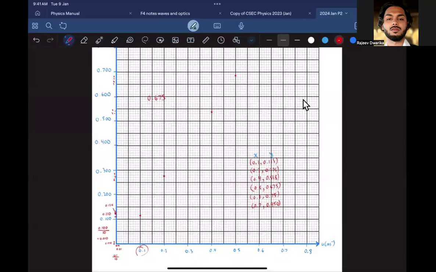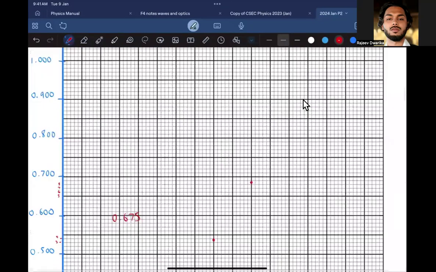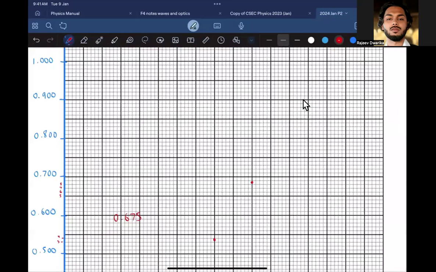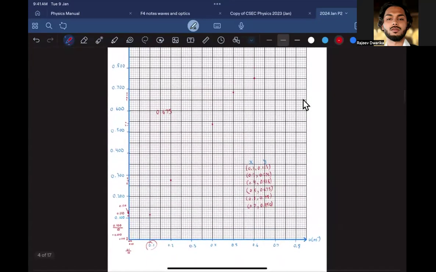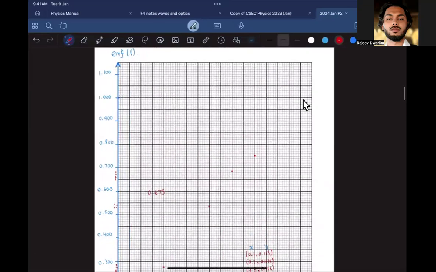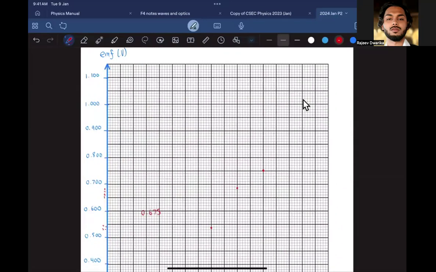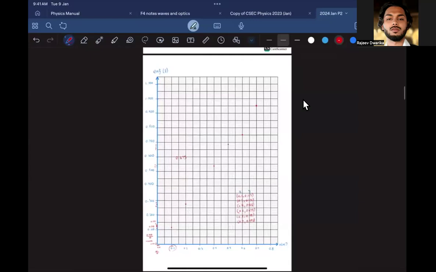So 0.6, 0.75. Right, so 0.75 is right here. And then 0.7, 0.950, that's going to be right here. Let me know if they're okay with plotting on a graph.